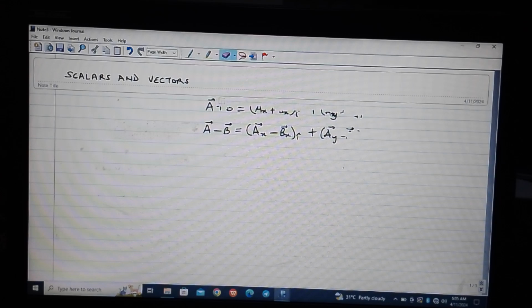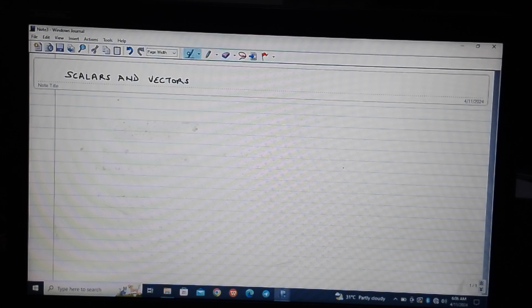Then we have to subtract those vectors, see how they work. So having two vectors, let's say the vector A is equal to 3i plus 8j plus 4k.